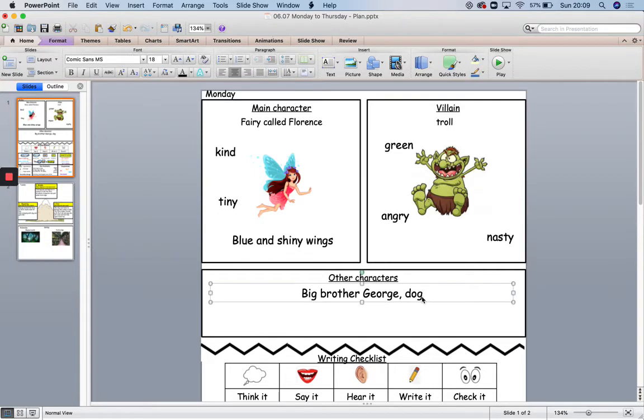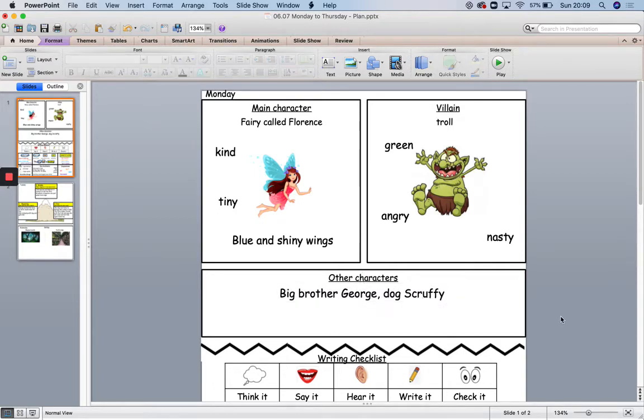I might call him Scruffy. And what do you think Scruffy will look like? I think he's going to be quite small. He's going to be dirty, but he's going to be a very nice, fun, friendly dog. So I could add some more adjectives there.